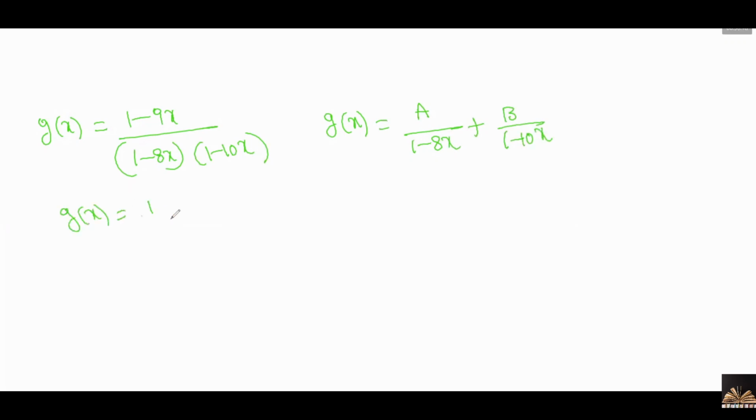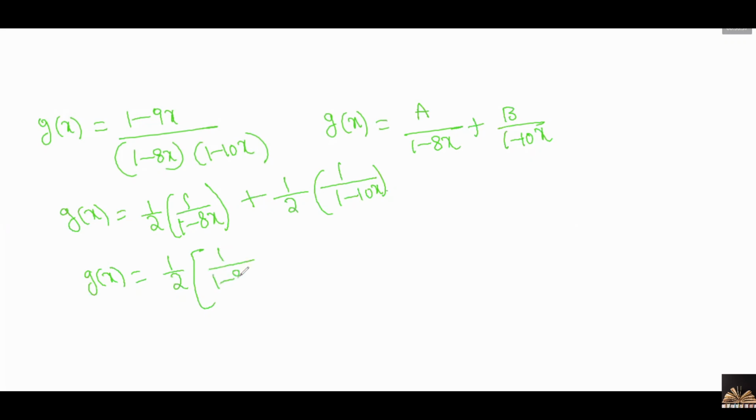A value is 1 by 2 into 1 by 1 minus 8x plus b is also 1 by 2 into 1 by 1 minus 10x. Now you take the LCM again. G of x is equal to, now it becomes 1 by 2 into 1 by 1 minus 8x plus 1 by 1 minus 10x, right?